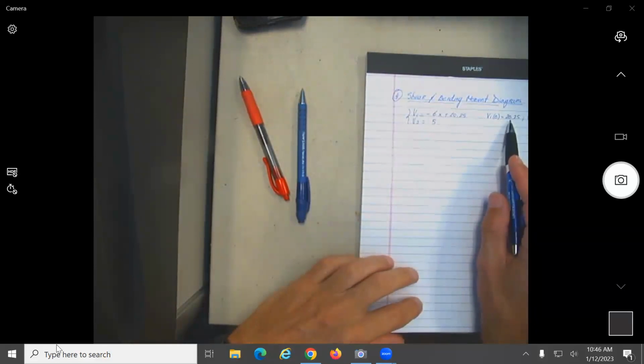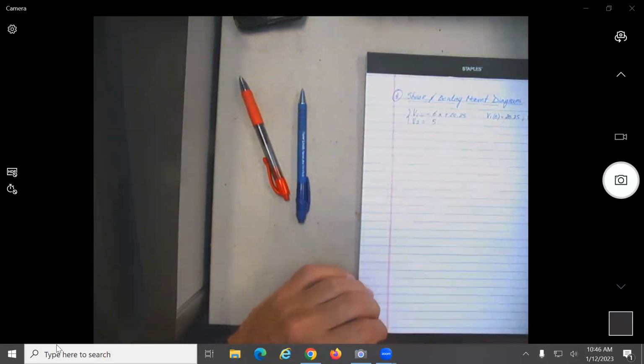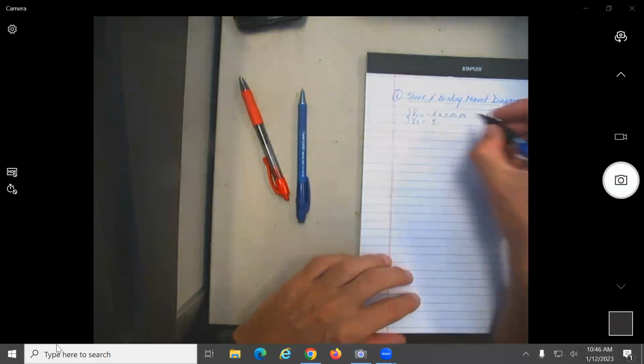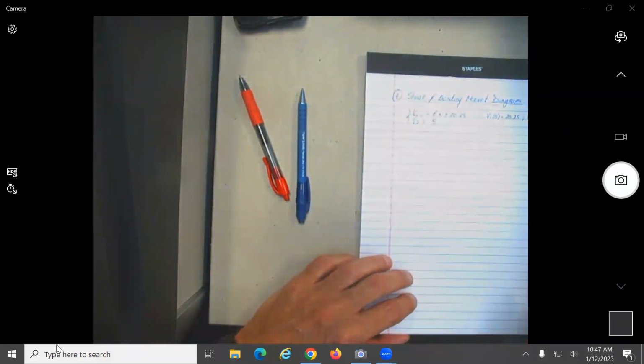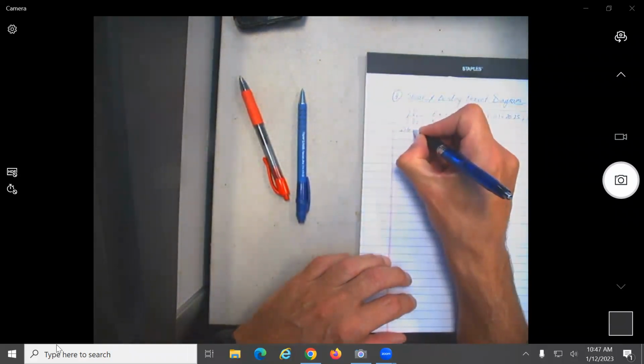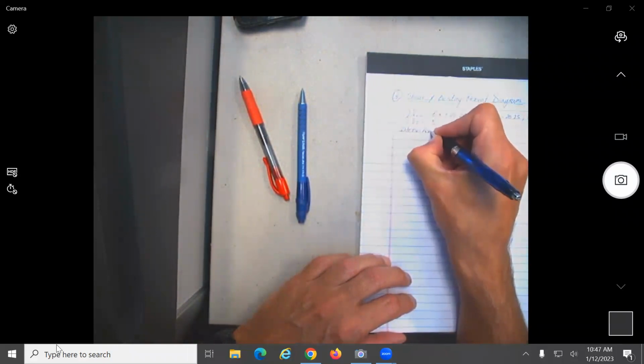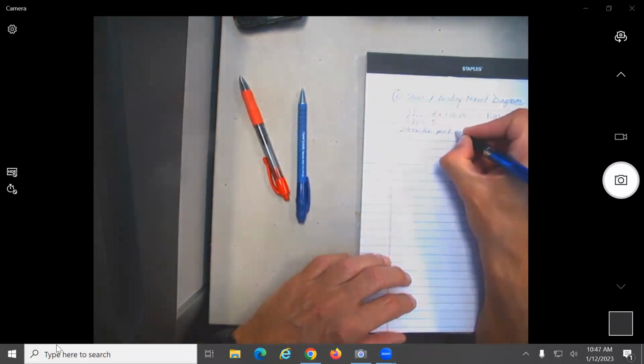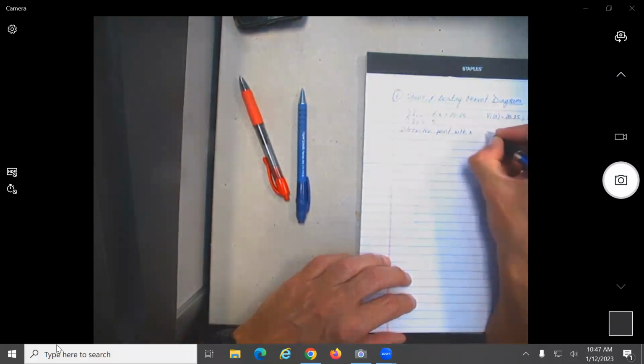Okay, but since we go from 20.25 to minus 27.75, that means it's going to intersect the x-axis. So how can we find the intersection point with the x-axis?